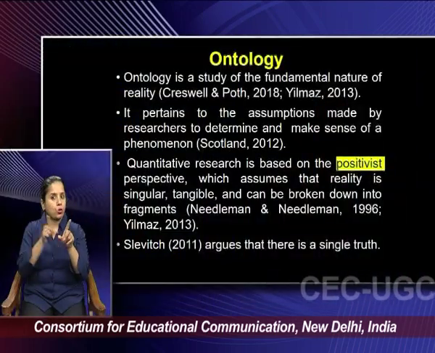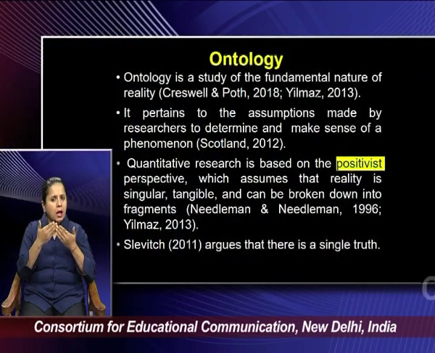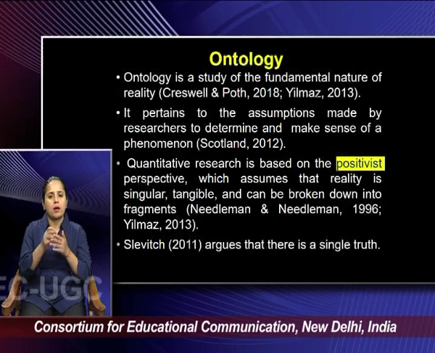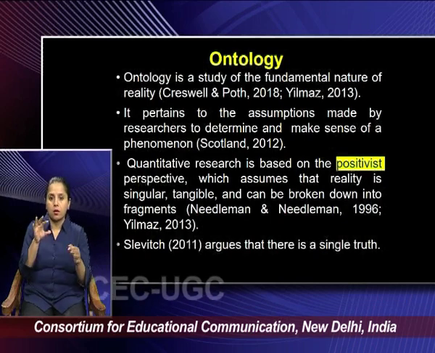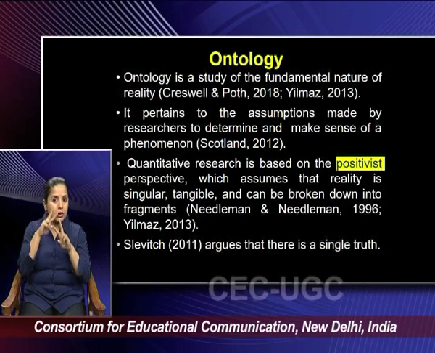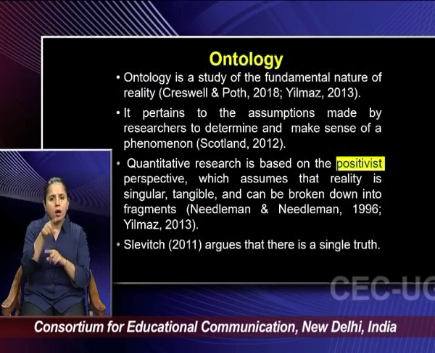So, we know that whether we are aware or not, we always bring certain beliefs and philosophical assumptions to our research. And one of the bases of difference is ontology. Ontology, as we have studied, is the study of the fundamental nature of reality. It pertains to the assumptions made by the researcher to determine and make sense of phenomena.